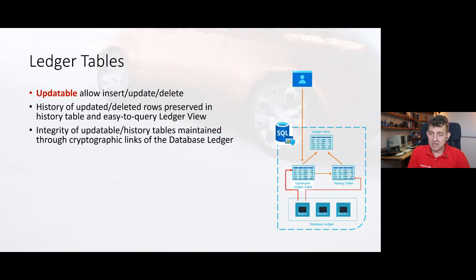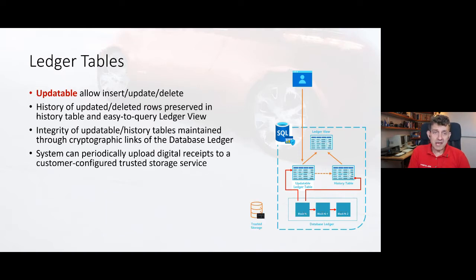What happens behind the scenes? The integrity of all of the data, both the current data and the history data, is maintained through cryptographic links in the database ledger. And we will see a little bit more in a couple of minutes. This is what is called the database ledger. Okay.